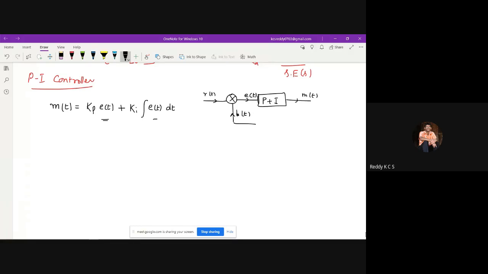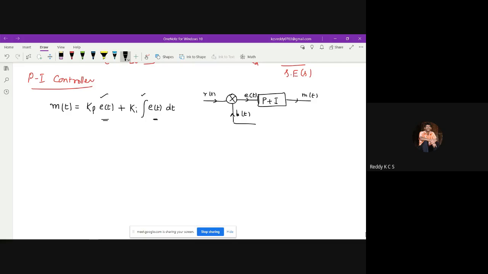These two parameters each have their own error and their own characteristics, which we discussed now. When you combine these two, the manipulated signal is the proportional error signal added to the integral error signal.